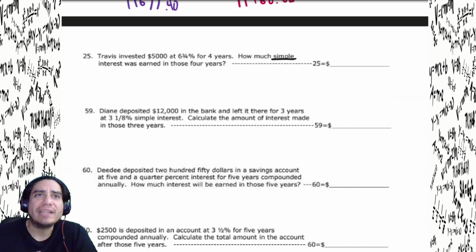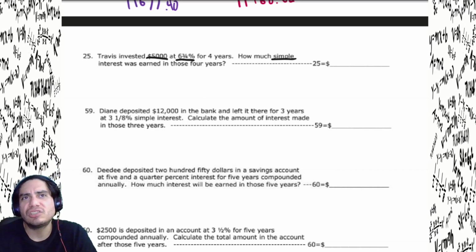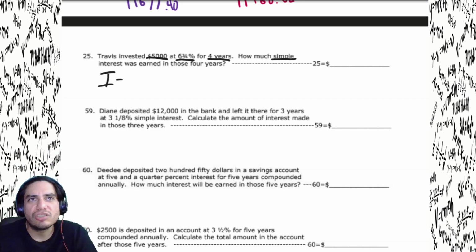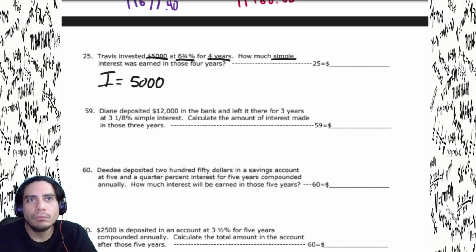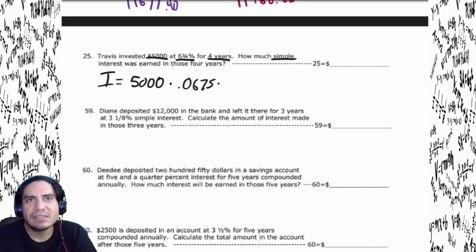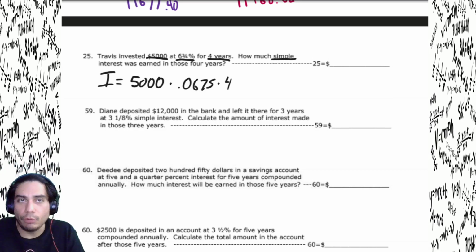Anyways, we got simple interest, $5,000, 6.75%, 4 years. Let's figure it out. We only want to know the interest. So 5,000 times 0.0675 times 4. That's it. I equals PRT.